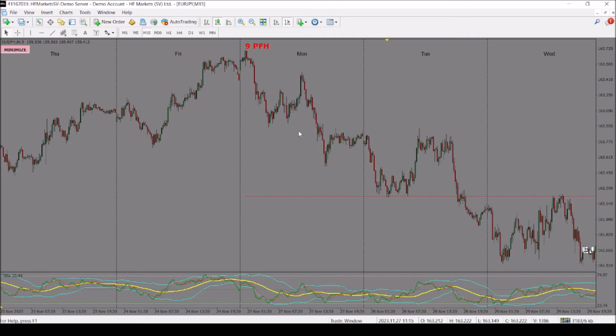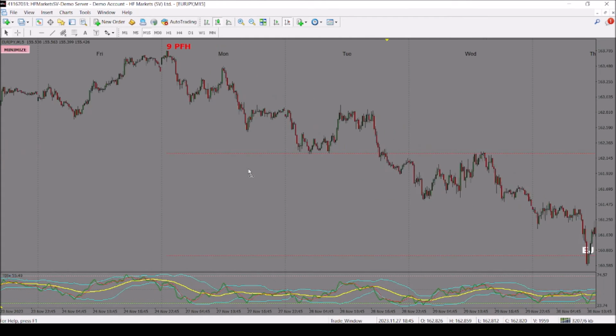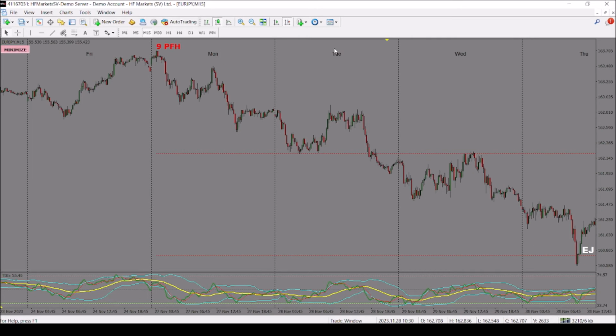That gives us more time to see if that peak formation is a valid one. So the day of peak formation, high or low, is not the day of trading, but the days that come after that particular day. On Tuesday, we started to look for patterns.